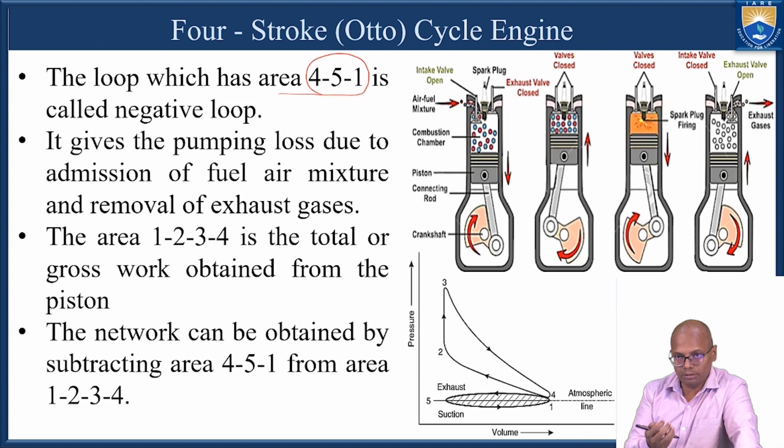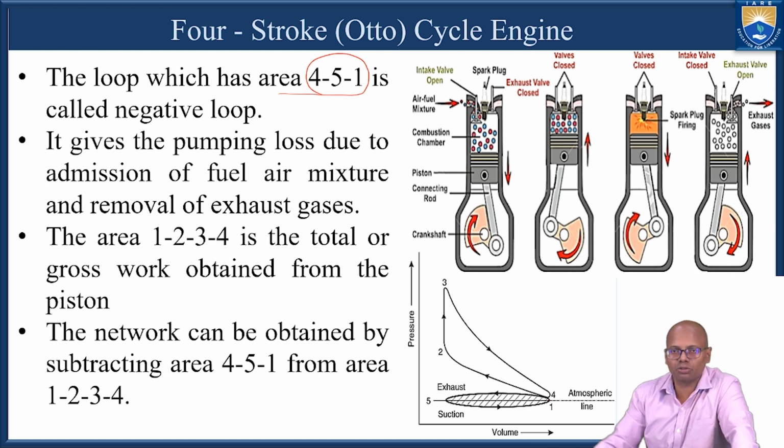In drawing the air fuel mixture inside and pushing the exhaust gases outside, some power will be lost, and that power loss is given by the loop 4, 5, 1. This area gives the power that is lost in the suction and exhaust strokes.